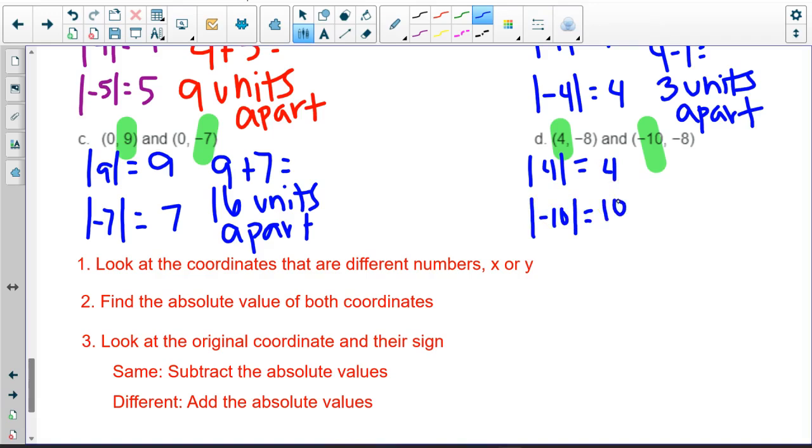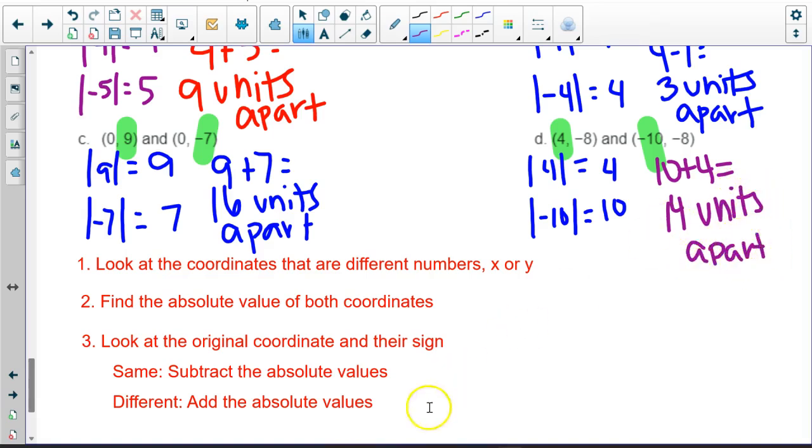I look at my signs for my third step. I have a positive 4 and a negative 10. Those are different signs, so I add my absolute values, which gives me 14 units apart. All right, and that is 3, 2, 4.